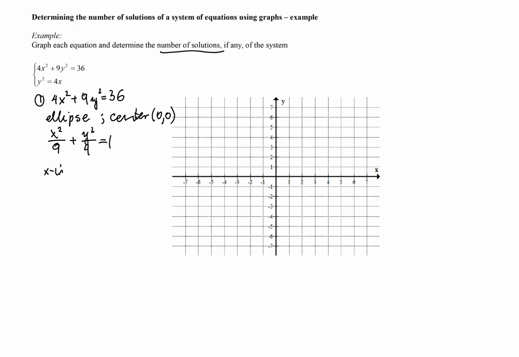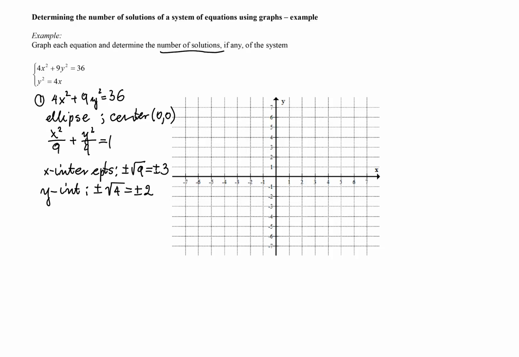We find the x-intercepts by looking at the number that is in the denominator of the x term, and we take plus or minus the square root of that number, which will be in this case plus or minus 3, and these are the x-intercepts. The y-intercepts are found in a similar way by taking plus or minus the square root of the number in the denominator of the y term. So in this case it's plus or minus 2.